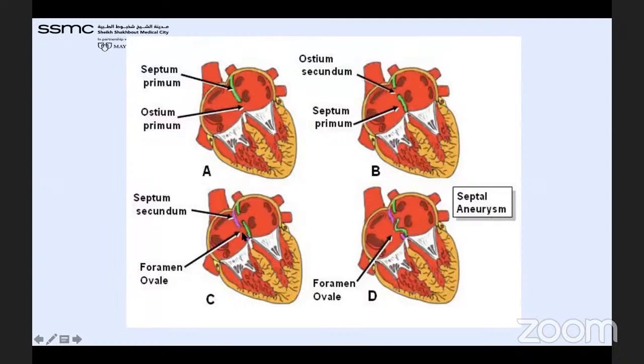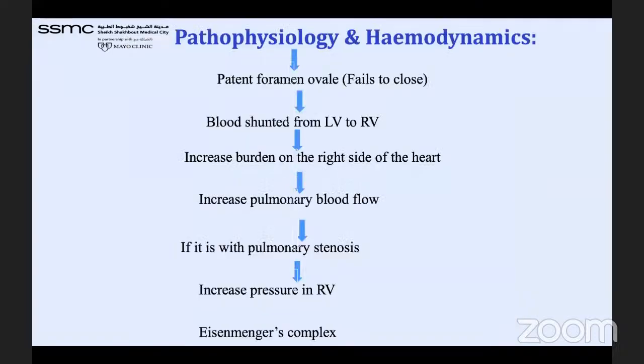If it has the septum secundum, which is this one, then it's a foramen ovale, which is normal. But if it continues to be there and it's an aneurysm, then it is abnormal. So if you see this diagrammatic representation, then you know the difference between primum, secundum, the septum and ostium secundum.